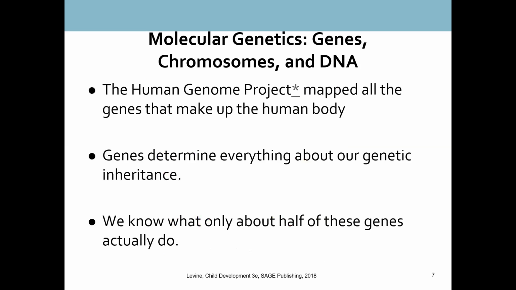Let's go on here. One very important undertaking in the scientific community was called the Human Genome Project. This ran from 1990 to 2003, 13 years, and it was conducted by hundreds or maybe even thousands of scientists around the world in many different labs.